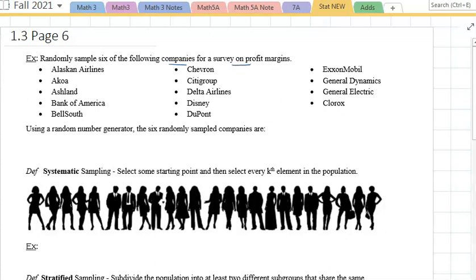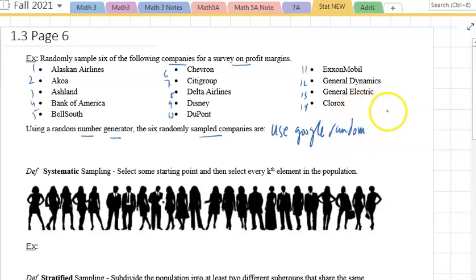So what you could do, you could number them from 1 and use a random number generator, like the Google random number generator.